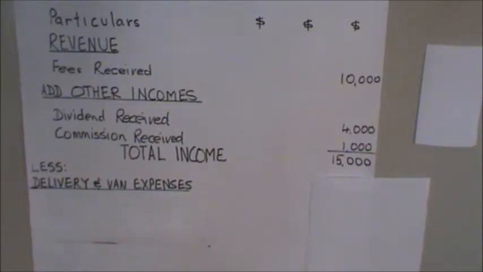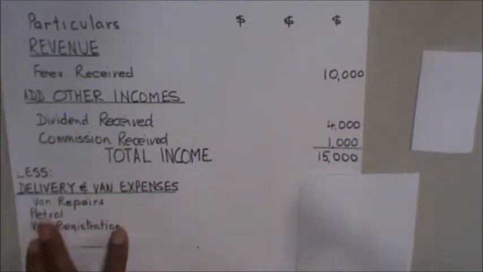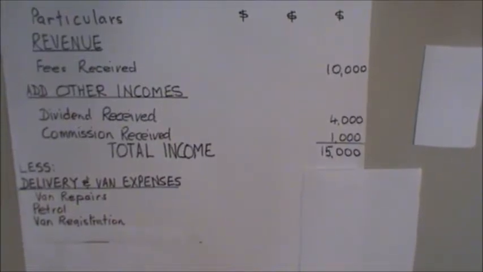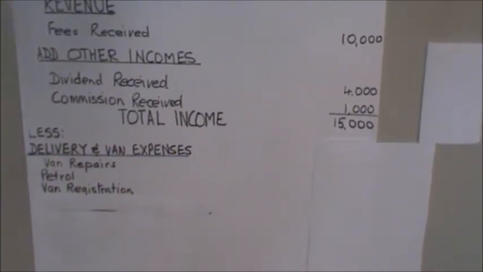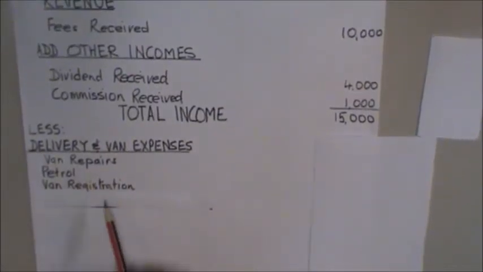And do remember, group 1 expense, the heading will vary from business to business. For landscaping businesses, that group 1 expense group name could be a different one. For tour operators, that could be a different category, but it is still the group 1 expense. So let's see the expenses incurred by the courier business: van repairs, petrol, van registration.